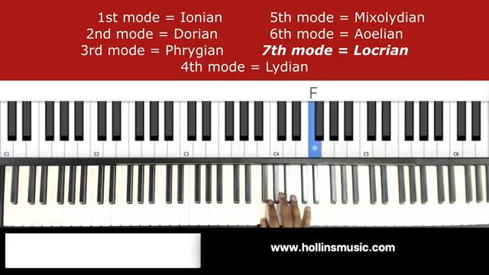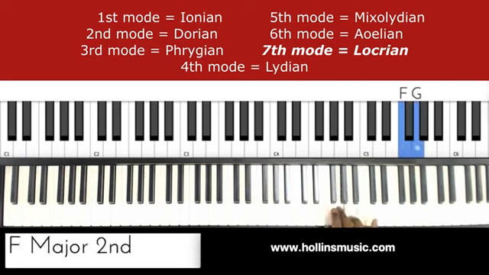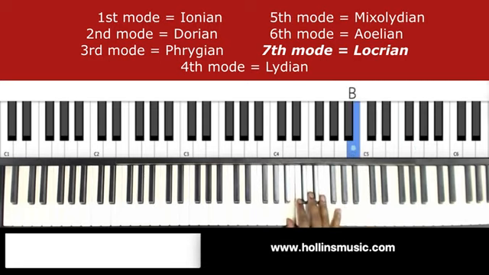Fourth mode is also called the Lydian scale. Fifth mode, and it's called the Mixolydian scale. Okay, this is the sixth mode, and it's called the Aeolian scale. And then finally, okay, this is the 7th mode, and it is also called the Locrian scale.